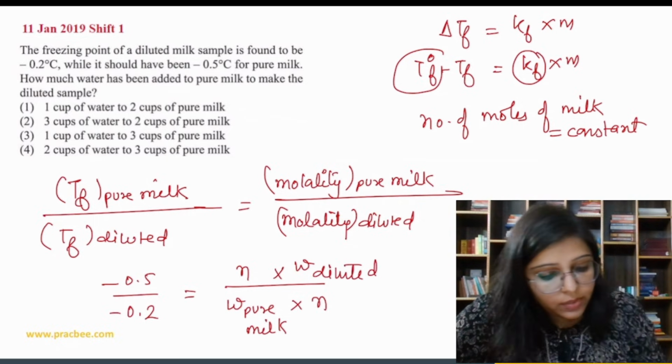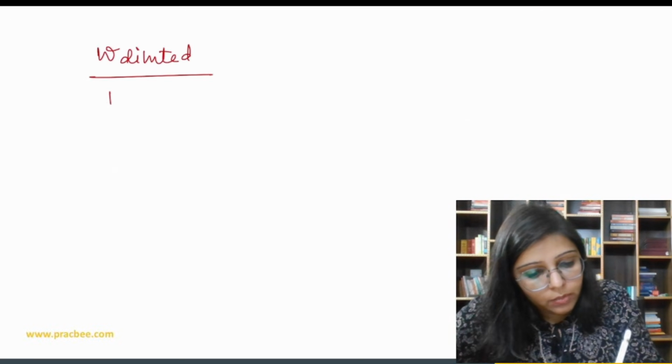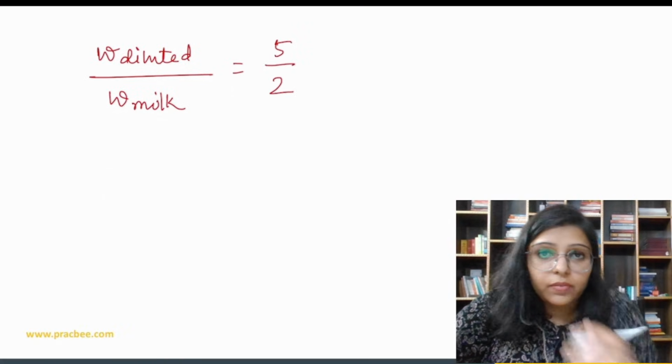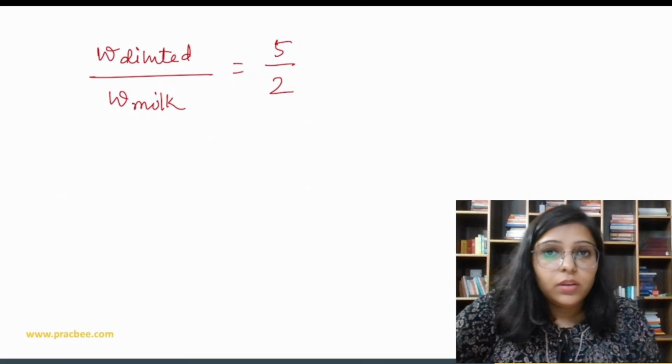So from this we can say that W diluted upon W milk is equal to 5 over 2.